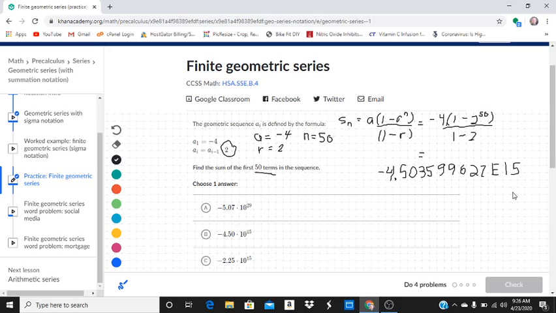What the E means is times 10 to the 15th power. If we round to these two terms, 4.50, we have a 3 after that, so I keep the 0, I don't round up to 1. That's -4.50 times 10 to the 15th, which is solution B.